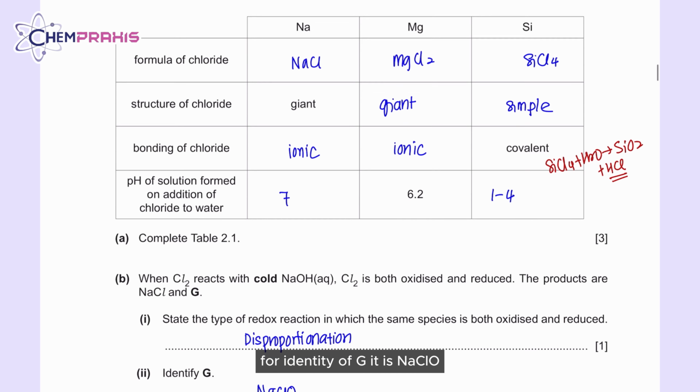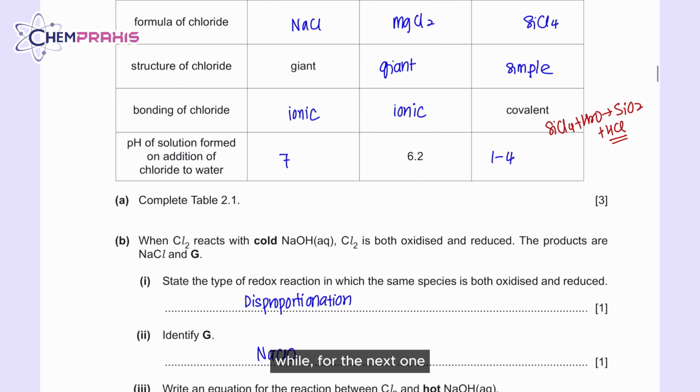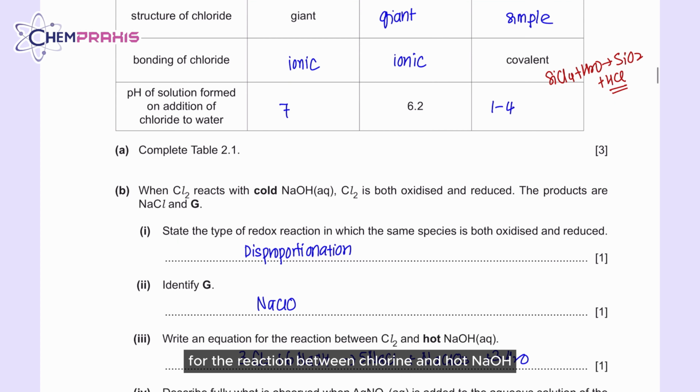And the identity of G is NaClO, because when Cl2 reacts with cold NaOH, it will produce NaCl and NaClO. For the next one, write an equation for the reaction between chlorine and hot NaOH. When chlorine reacts with hot NaOH, it will form NaCl, NaClO3, and also H2O. And you need to have the correct balancing in order to get the 1 mark.